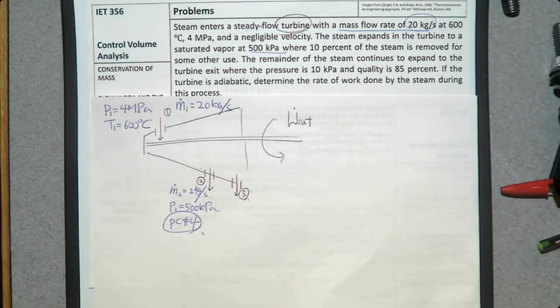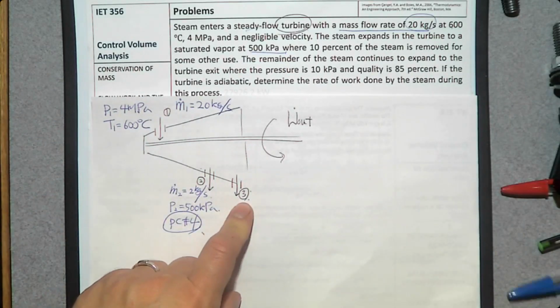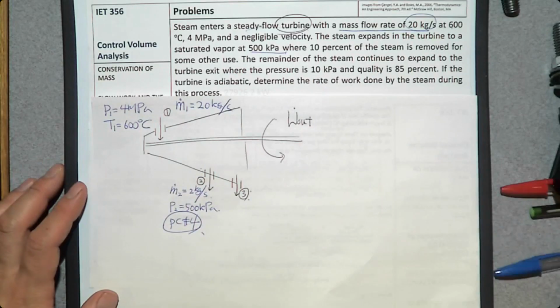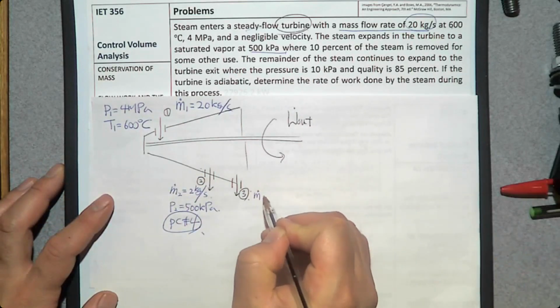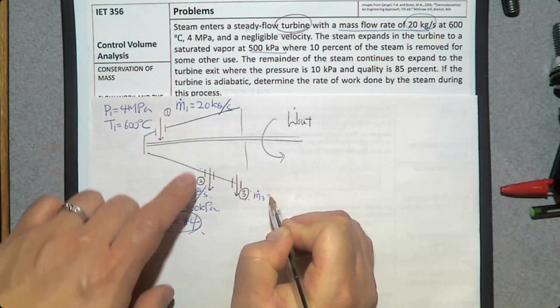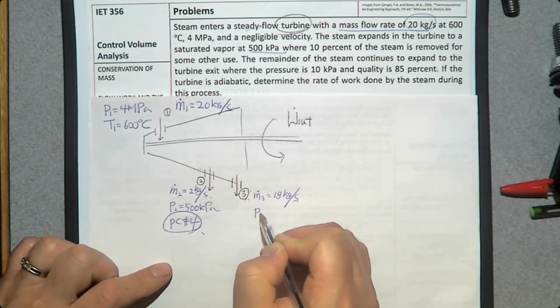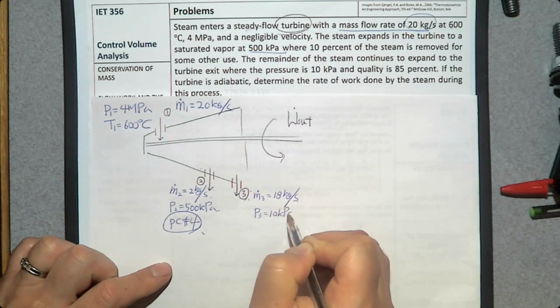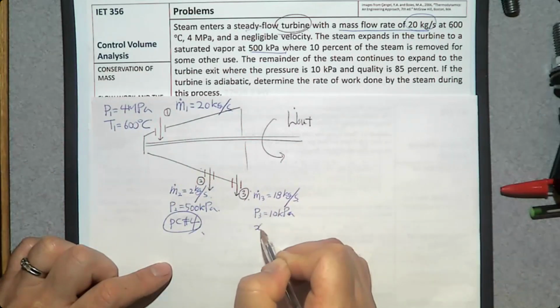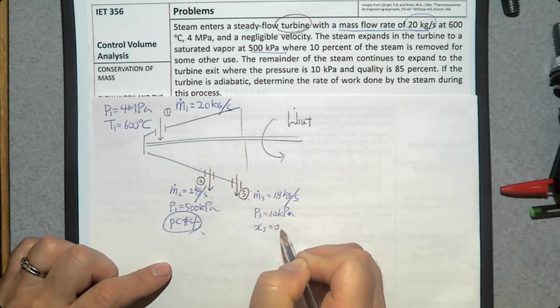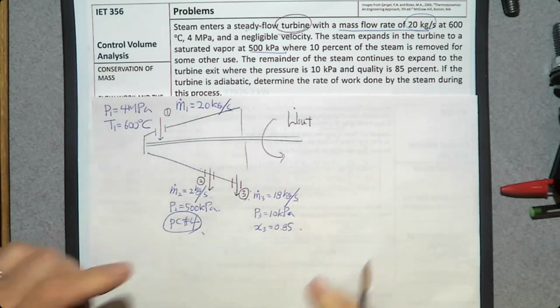And the remainder of the steam continues to expand to the turbine exit number 3. And the pressure is 10. By the way, mass flow rate is going to be 20 minus 2, 18 kilogram per second. P3 is 10 kilopascal. The quality X, if you have quality X, that means it is a saturated mixture.